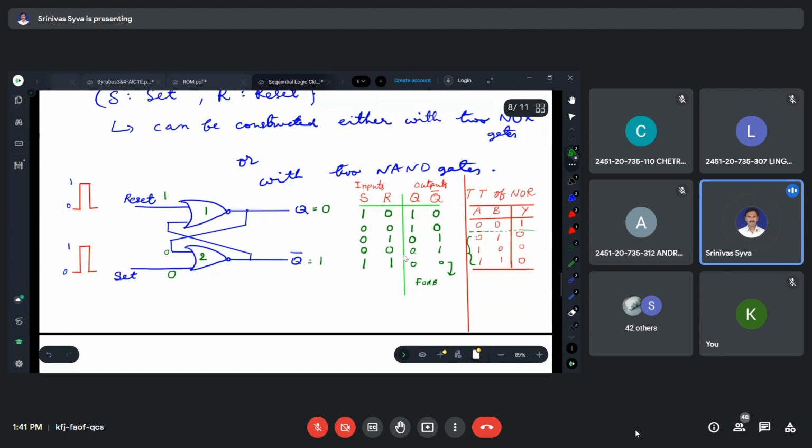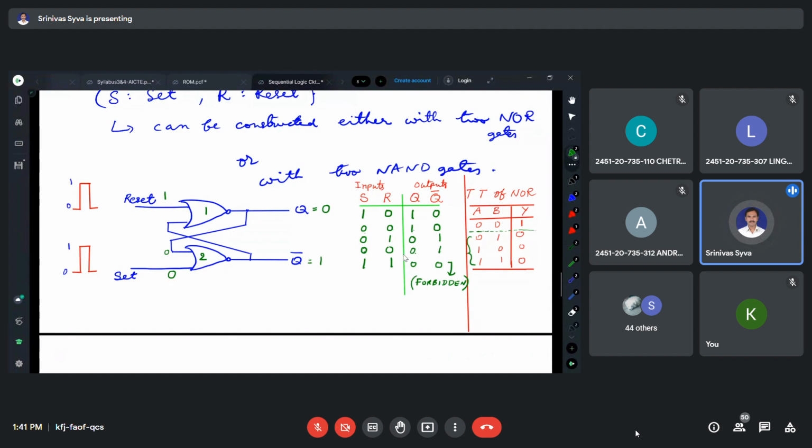You cannot take this combination. It will not work. Forbidden case.